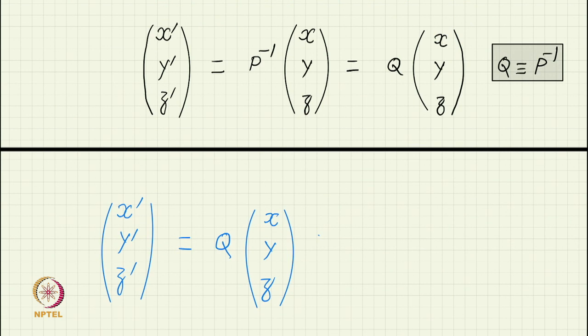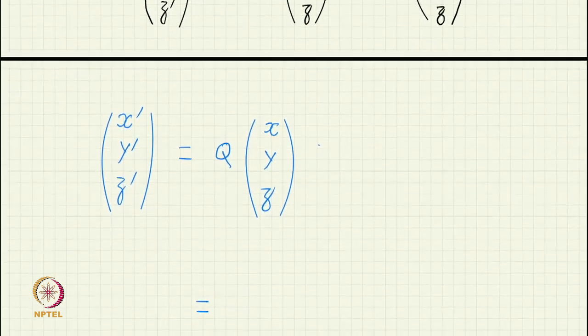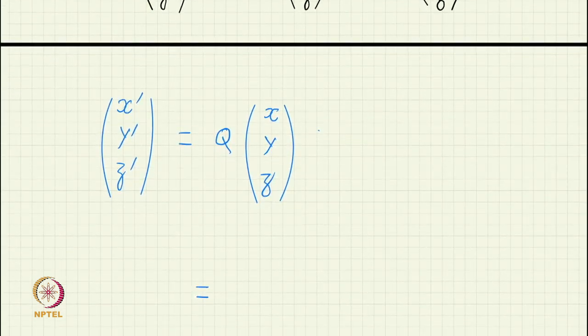So, Q is P inverse, and this gives the relationship between the two sets of coordinates: the new coordinates, or new components, of a vector, and the old components of the vector.